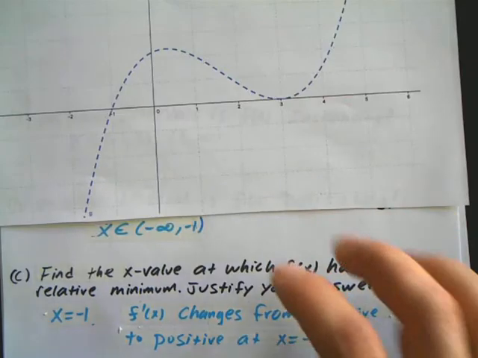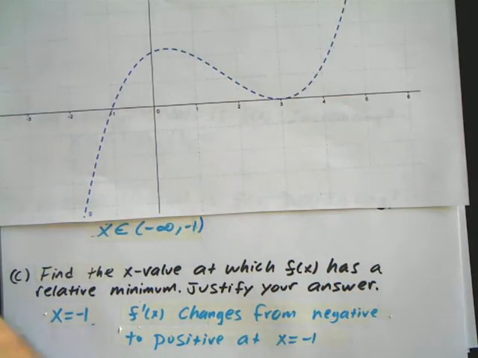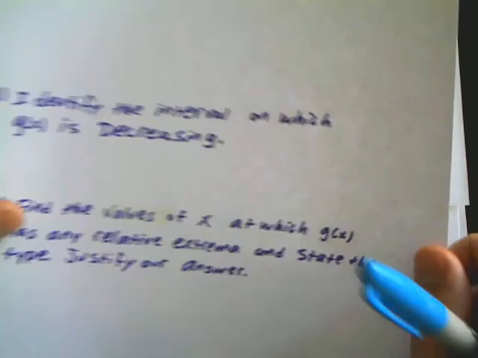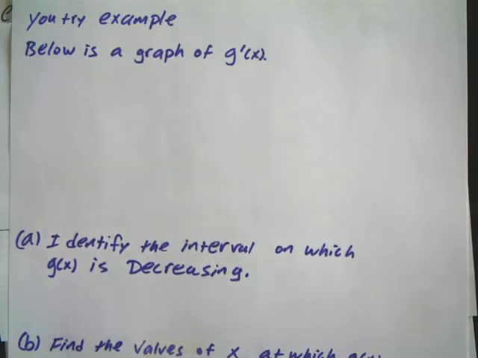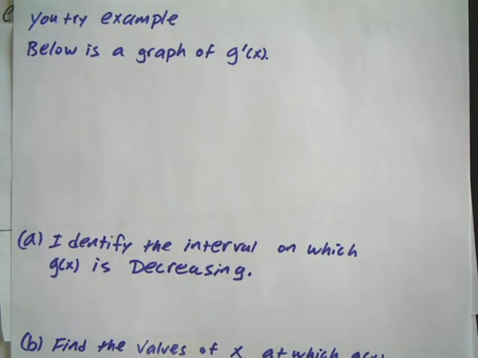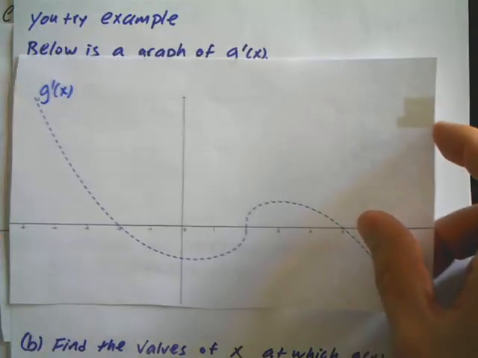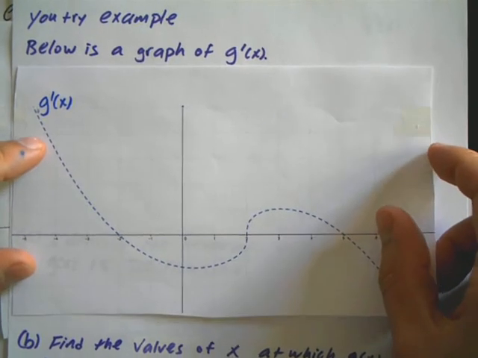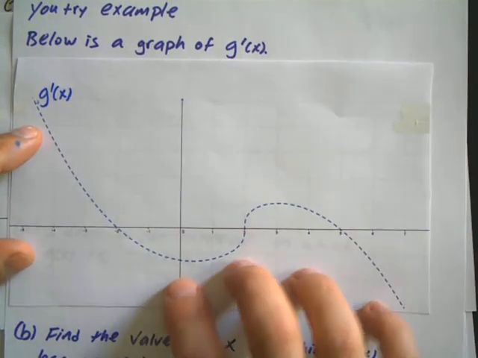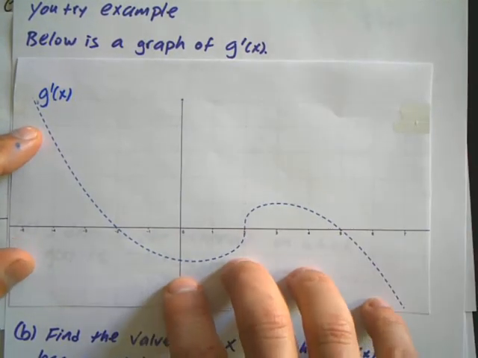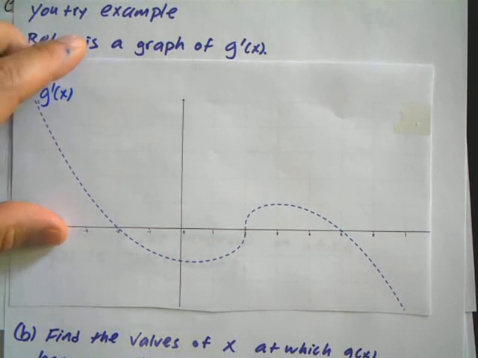Alright, so next example is going to be one where you try it. So here's the little scenario, and here's the graph of g prime. So I'll give you a moment to pause it, copy g prime into your notes, and then there's only 2 parts to this one.